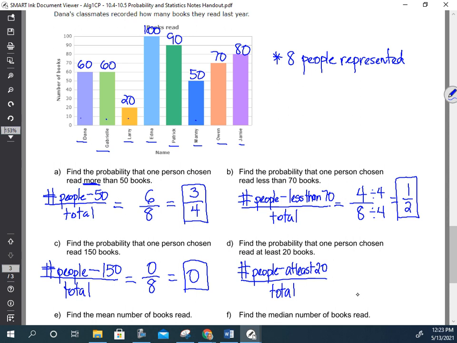That's all 8 people up there. 8 out of 8 is 1. So you are guaranteed to pick one person who read at least 20 books. Any questions, parts A, B, C, and D?